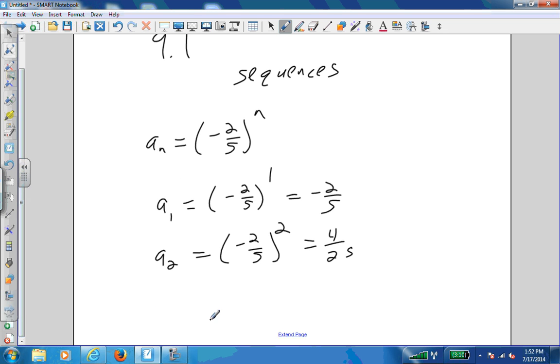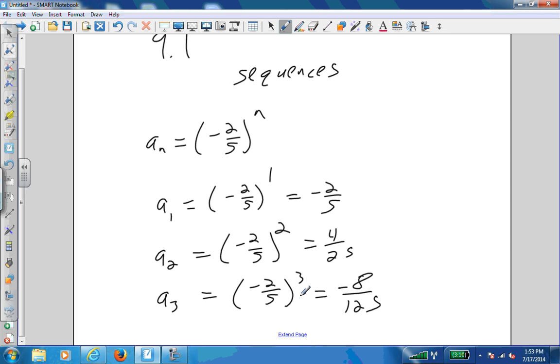The next number in the sequence, of course, we'll use the next integer. And one thing to note is that in sequence formulas, n is always an integer. But there are different ways of expressing.